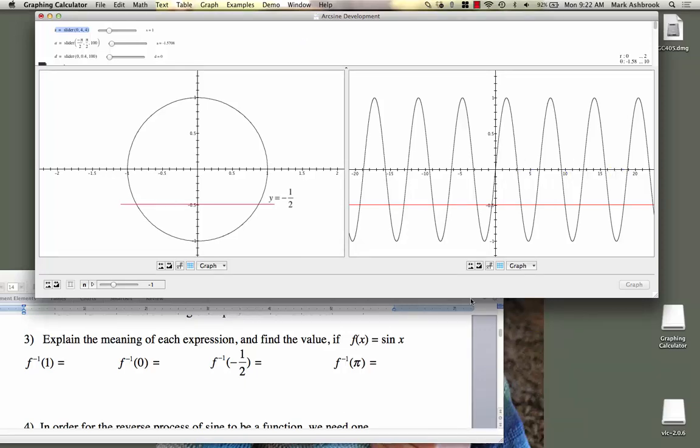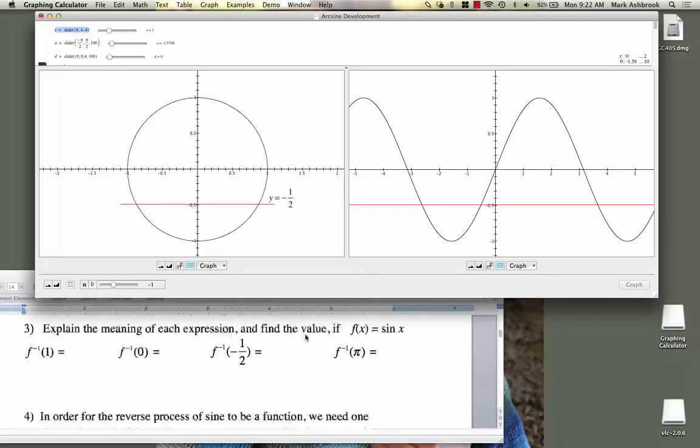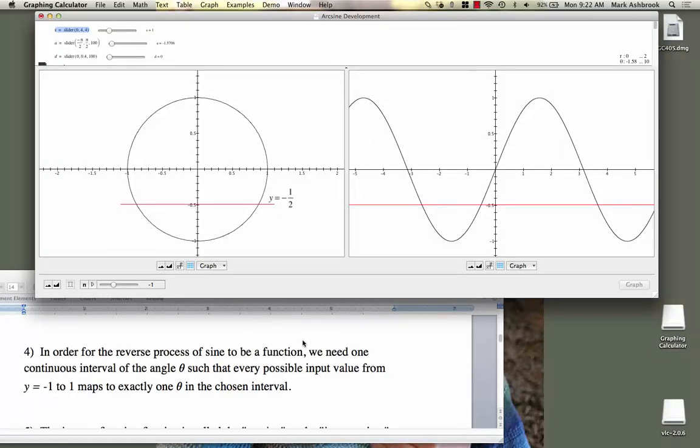Does it make sense? So here's that summarized. In order for the reverse process of sine to be a function, we need one continuous interval of the angle such that every input from -1 to 1 maps exactly to one theta in the chosen interval.